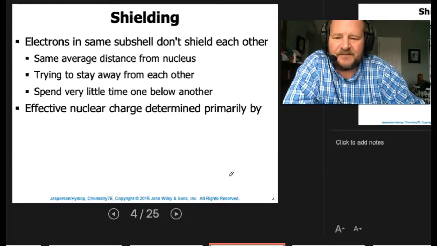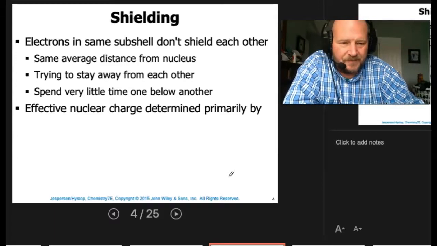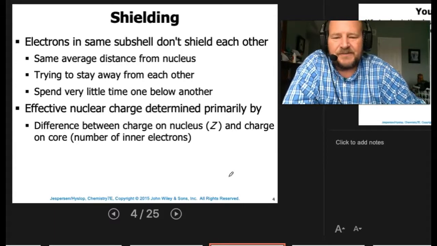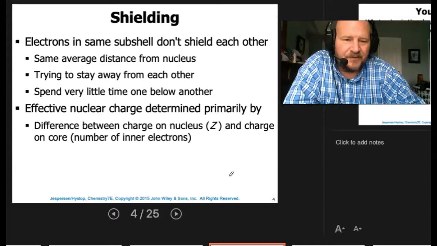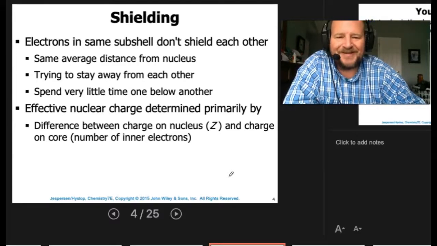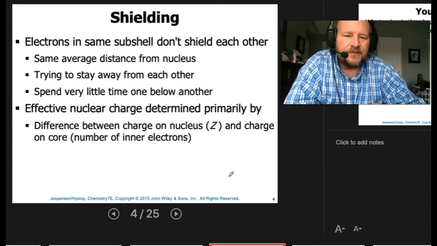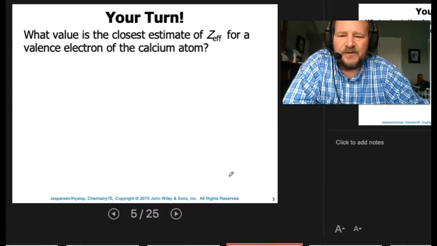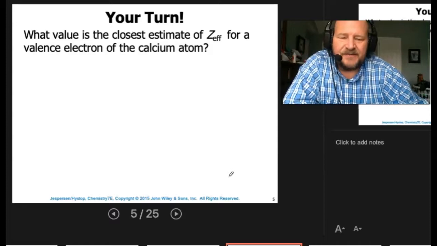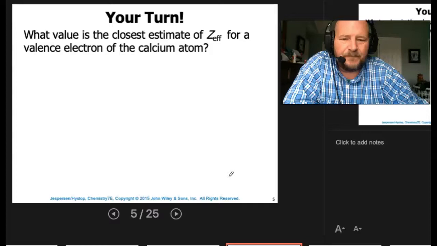Okay, the effective nuclear charge will be determined primarily by the difference between the charge on the nucleus and the charge on the core, the number of inner electrons. So the more electrons that are in the core, the more they will diminish that effective nuclear charge felt by the outside. All right, so what value is the closest estimate for Z effective for a valence electron of the calcium atom?